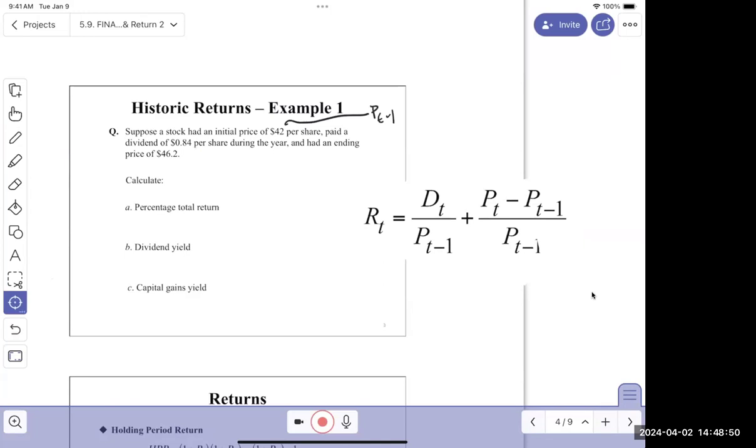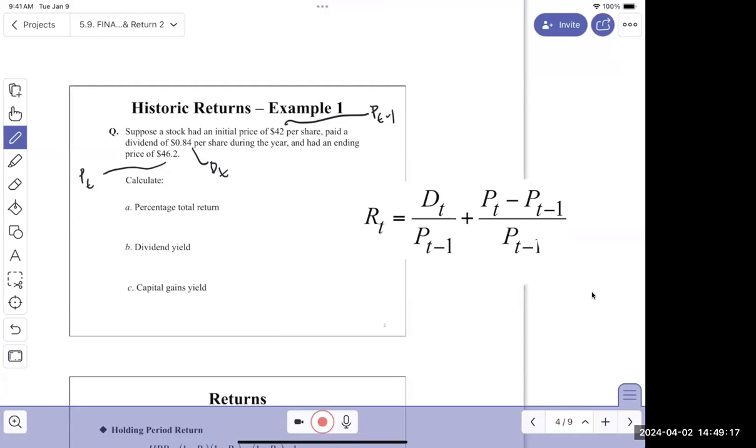So what's that? That's the DT. That's easy, right? And it had an ending price of 46.2. That would be PT. There you go. So you guys can compute that and check your work.